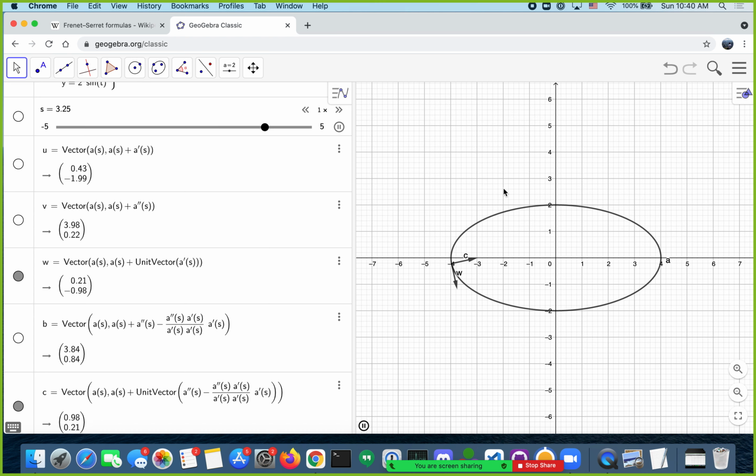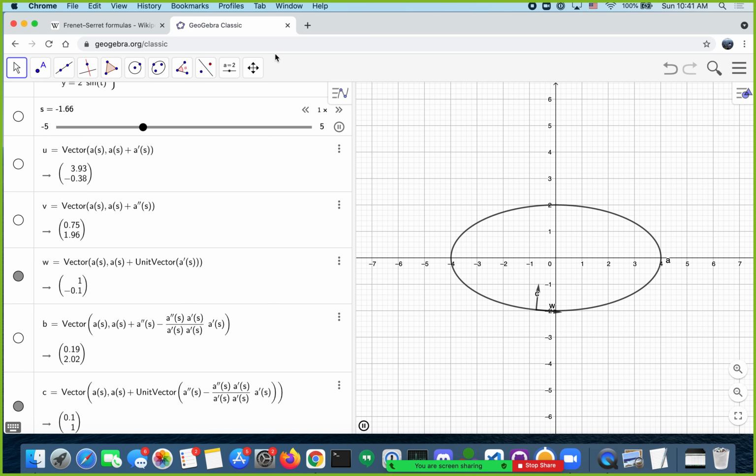Now, this is a plane curve. In 3 dimensions, we're moving along in our spaceship and we want to know what is the orientation of the world for us. So I need a third dimension when I'm on a space curve. I need a b vector, and that b vector should point orthogonal to my unit tangent and orthogonal to my unit normal vector, which really are called t and n, but here they're called w and c.